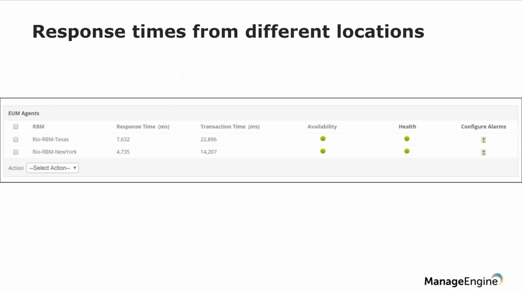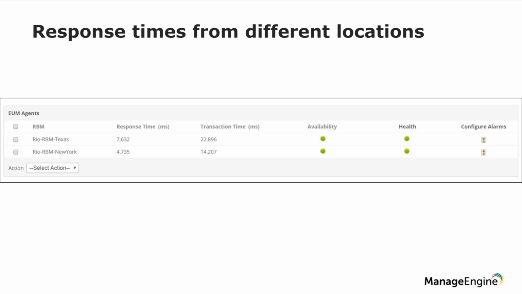Not only that, you can get the response time from different locations, right? As I showed you how a ping monitor can be updated with a different agent, likewise, for real browser monitoring also, you can perform the playback from a different agent. So here we have two different agents named Texas and New York.